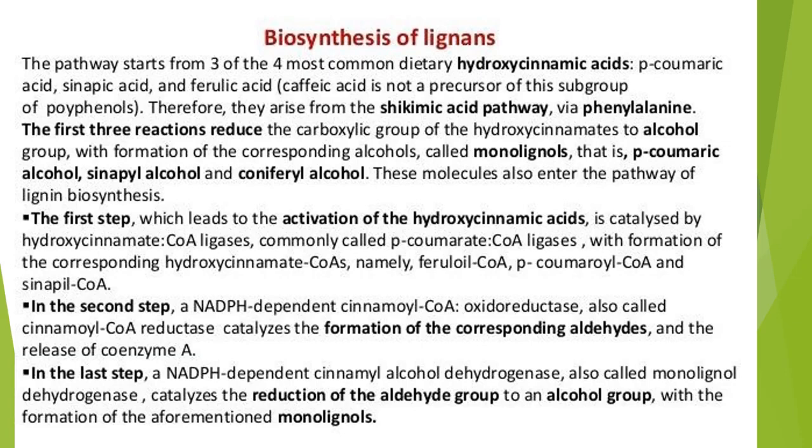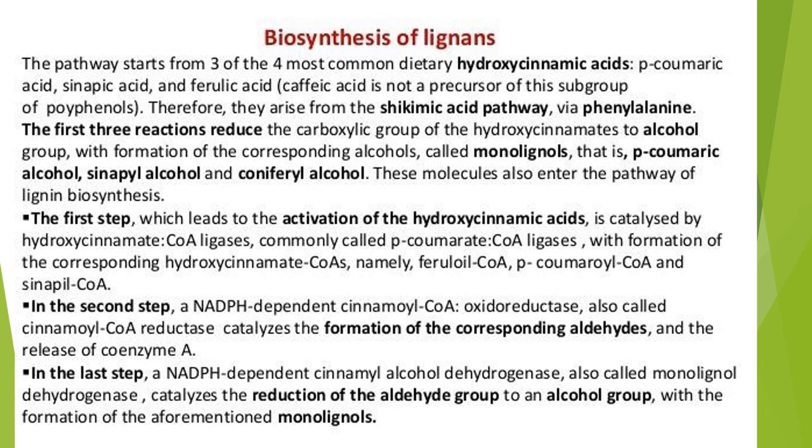Then biosynthesis of lignans. These are the details. The pathway starts from 3 of the 4 most common dietary hydroxycinnamic acids: para-coumaric acid, cinnamic acid, and ferulic acid. Caffeic acid is not a precursor of this subgroup of polyphenols. Therefore, they arise from the shikimic acid pathway via phenylalanine.